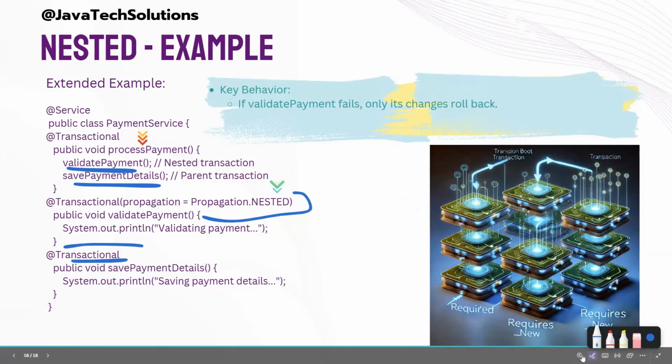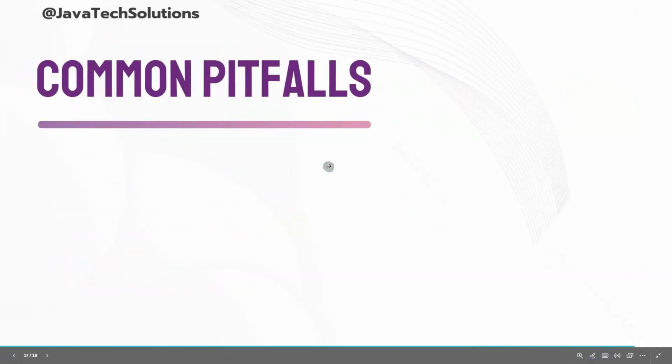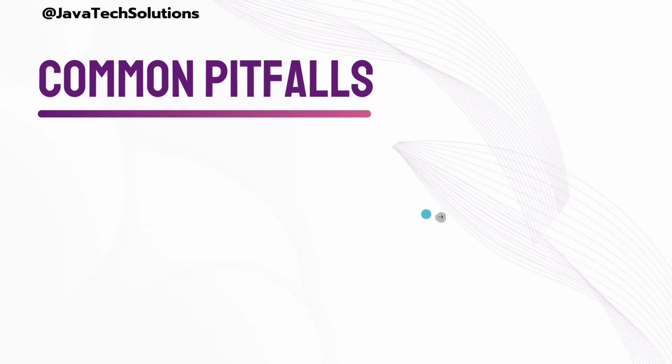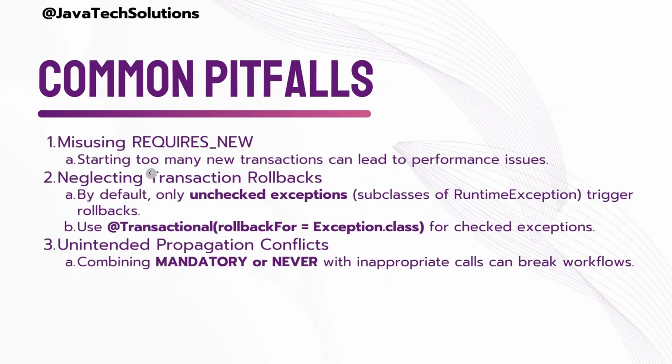Okay, so now we will see some common pitfalls. Don't misuse REQUIRES_NEW, because it will start too many transactions that can lead to performance issues. Neglecting the transaction rollback, because why? By default only the unchecked exceptions, which are the runtime exceptions, basically trigger the rollback.